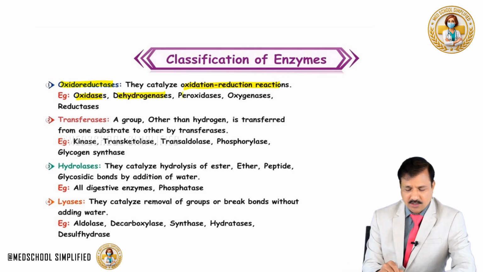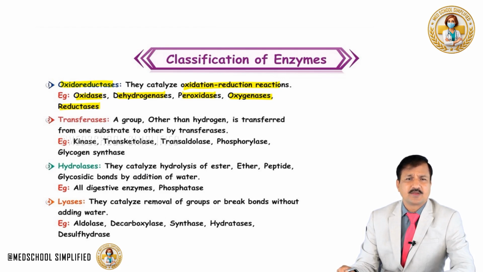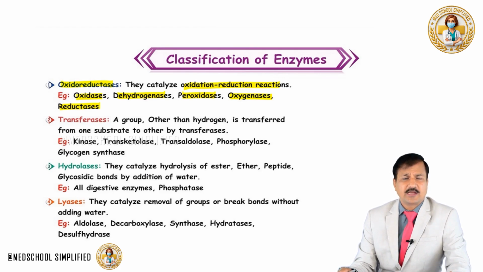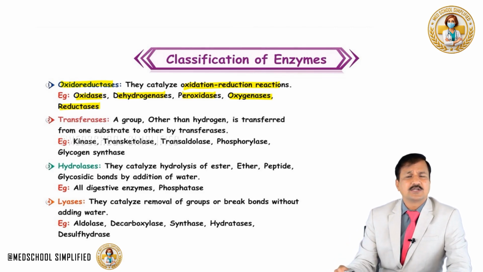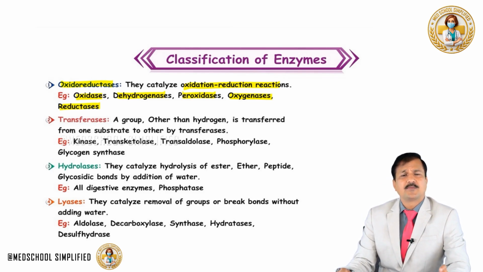dehydrogenases, peroxidases, oxygenases, reductases. Look for these names at the end of enzymes. Oxidases will use oxygen as an electron acceptor. Dehydrogenases are involved in oxidation-reduction reactions, where there is a loss of electrons and gain of electrons, usually coupled reactions.